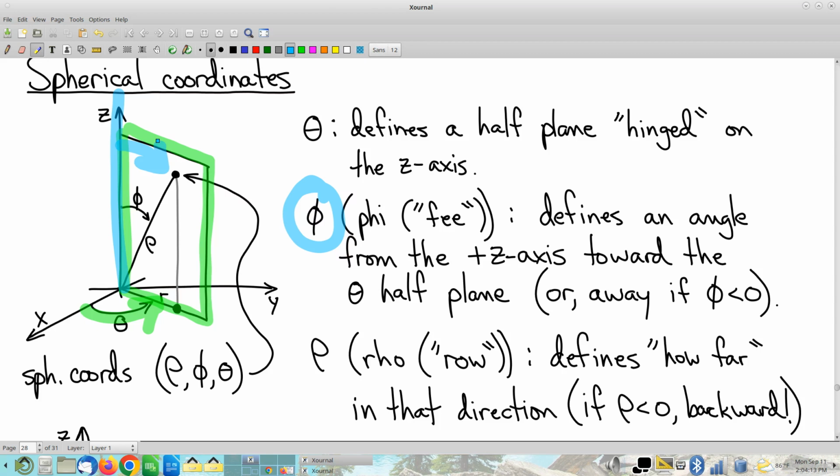So that's why I think it's important to think of theta as defining a half plane. That's the indication that tells you which direction phi points. As phi increases, which way do we go? It goes into the theta half plane. And notice that now that defines a direction. So between the two of them, with theta and phi given, that gives me a direction coming out of the origin. Everybody all right?